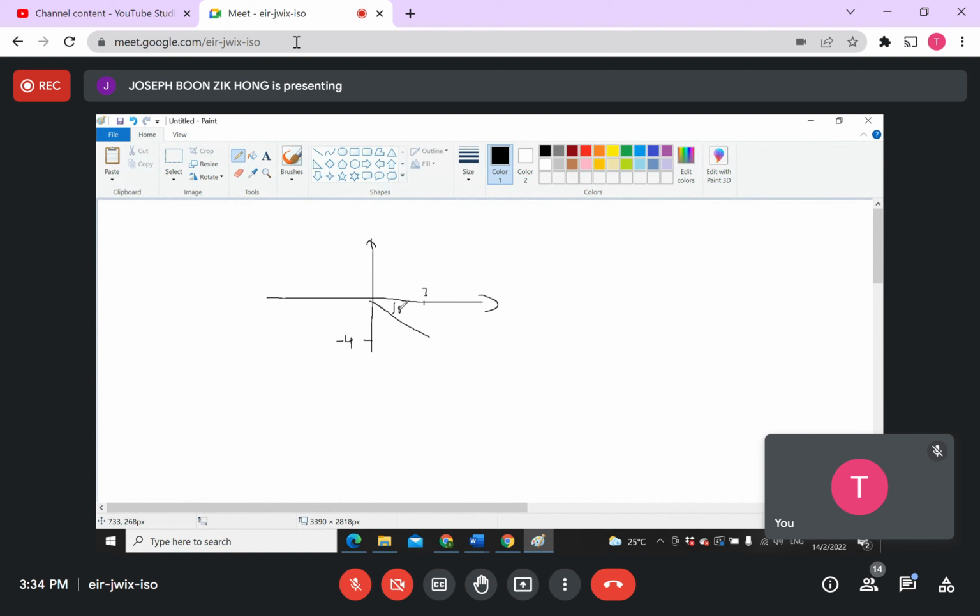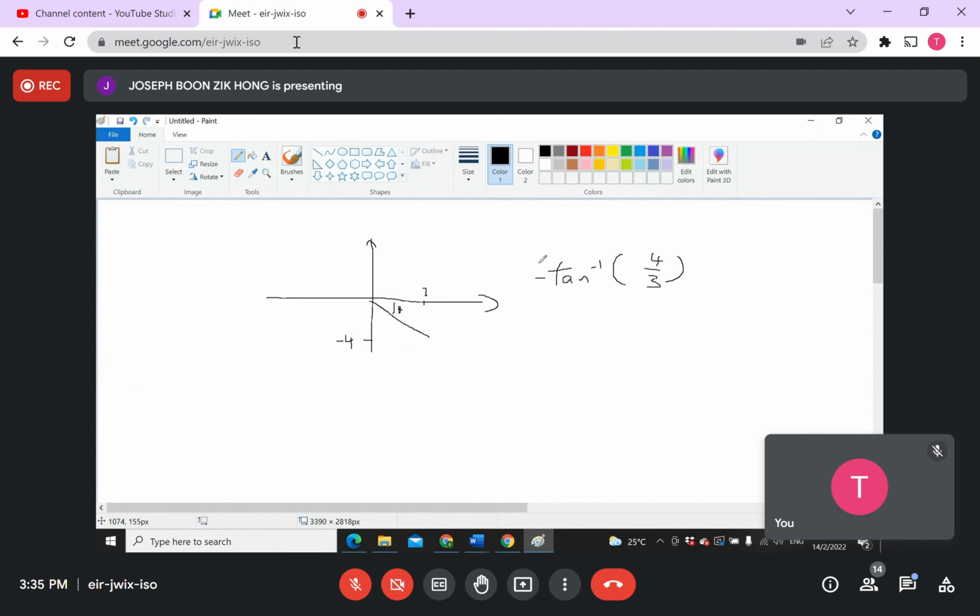So how are you going to find this angle? You just take tangent inverse of 4 over 3. But 4 over 3 will be something positive. So when you want negative, then you put a negative here.